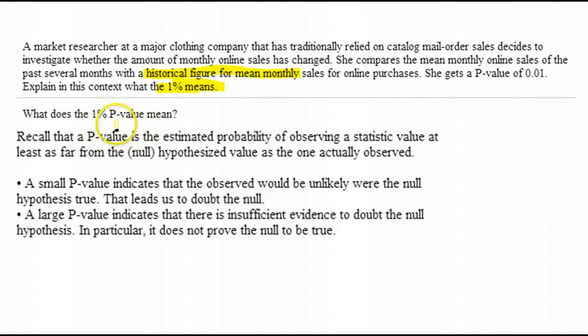First of all, even before we look at the size, recall that the p-value is the estimated probability of observing a statistical value at least as far from the null value as the one actually observed. So in other words, we have two values. Let's say this is the real value, the value that the historical data represents, right?